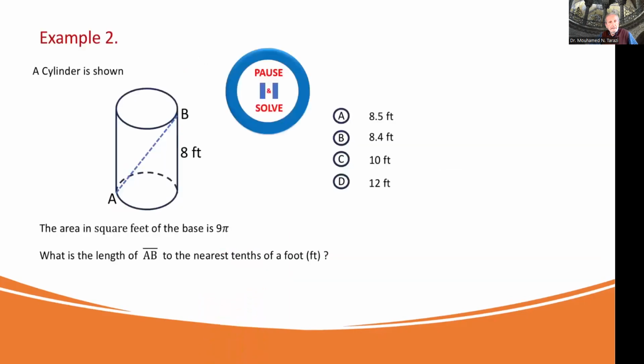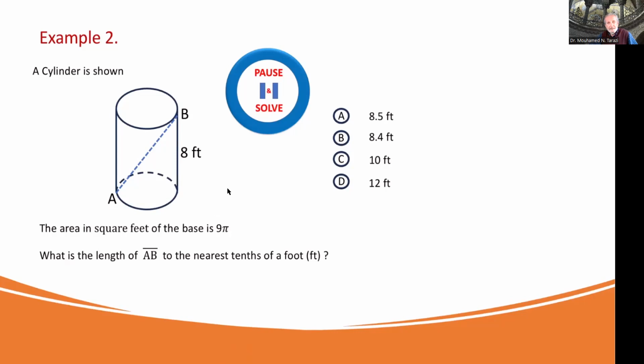Okay, now example 2. A cylinder is shown. Again, pause and solve, please. The area in square feet of this base is 9 pi. So I am given the area of the base, and they are asking me to find AB, the length of AB.